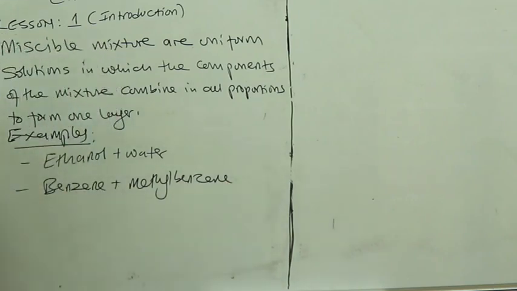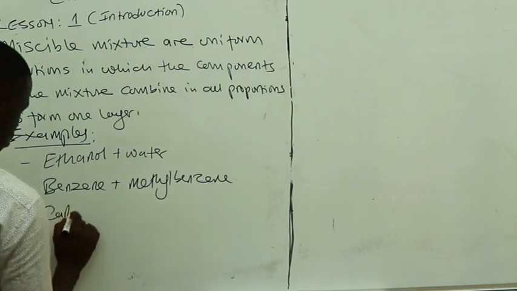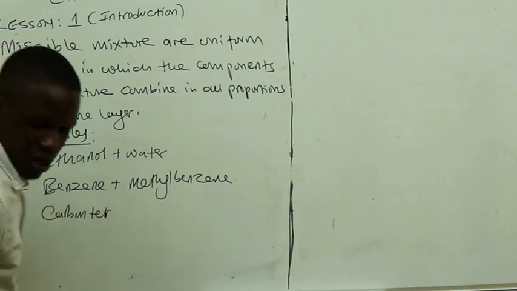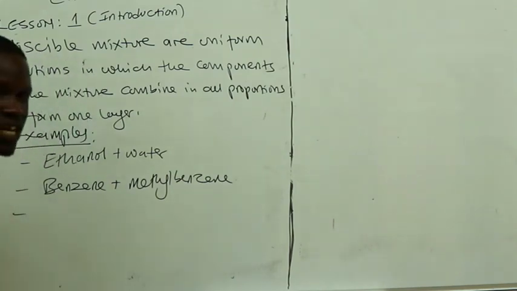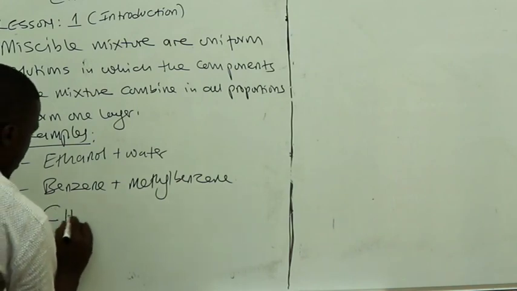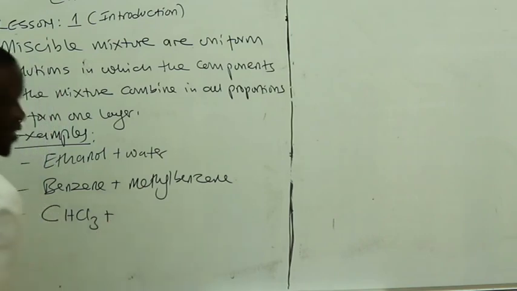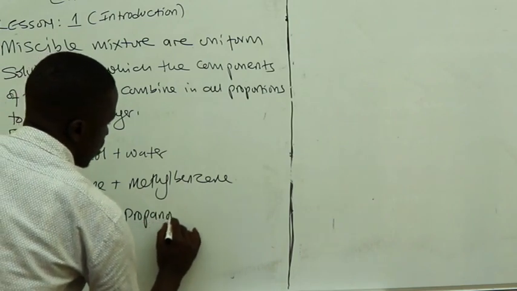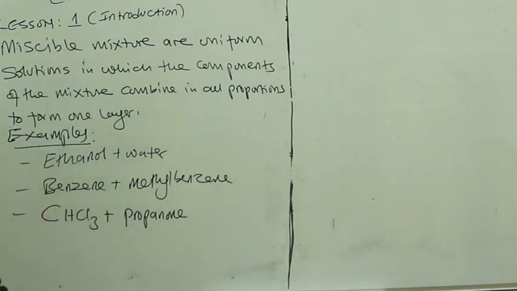These ones will mix in each other very well. Someone would talk about things like carbon trichloride, that's chloroform, mixed with an organic substance like propanol. These are examples that we shall use.